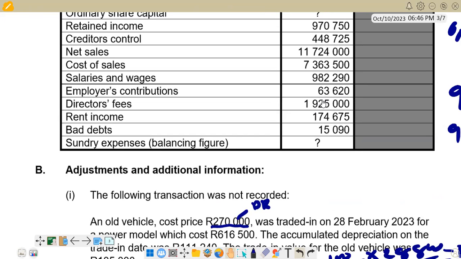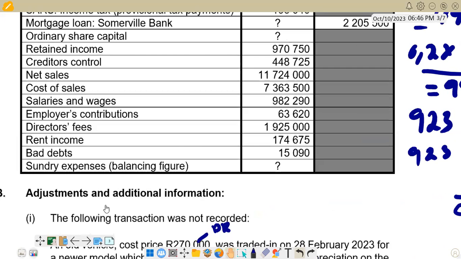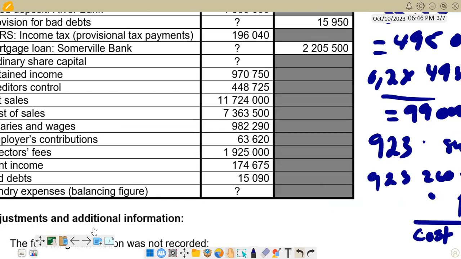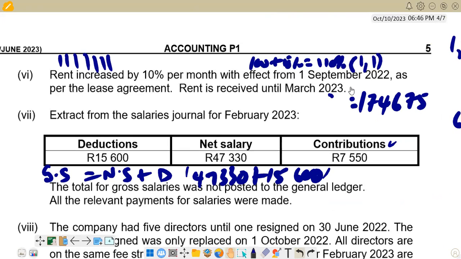So we come here again. If you add these two, 47,330 plus 15,600, you are going to get 62,930. So that's the figure that we are going to add for salaries.